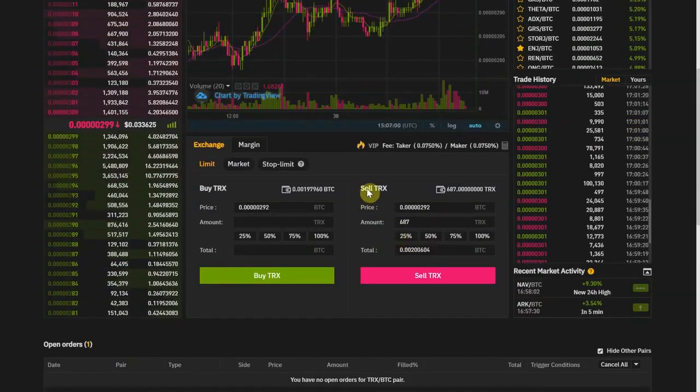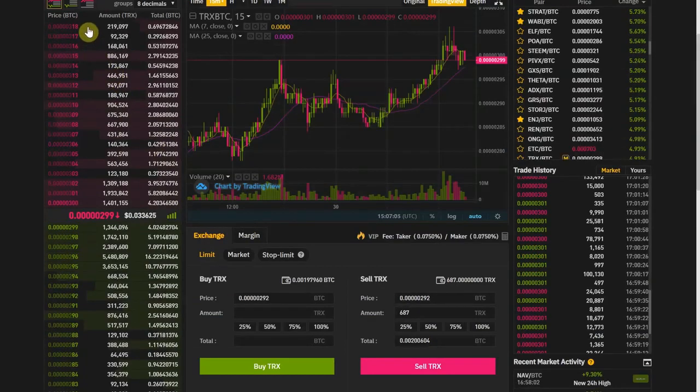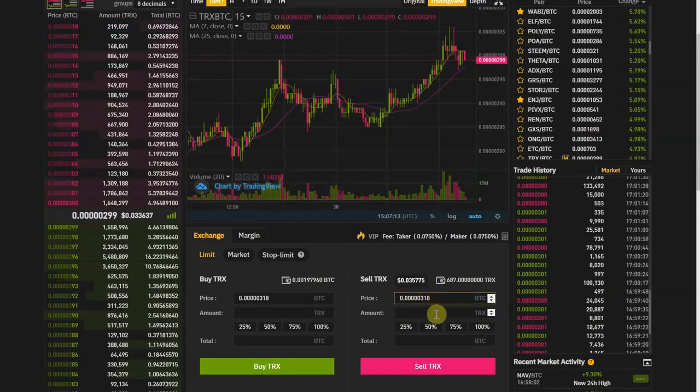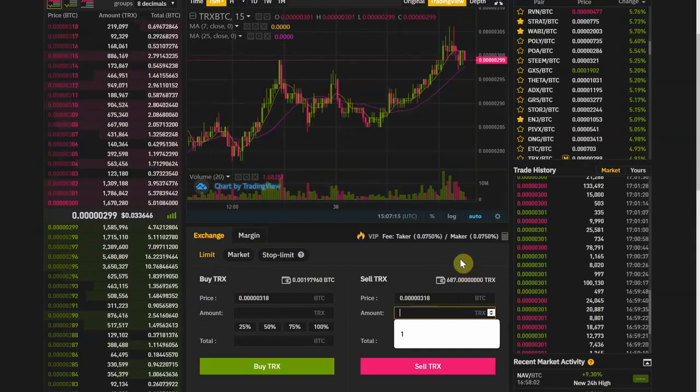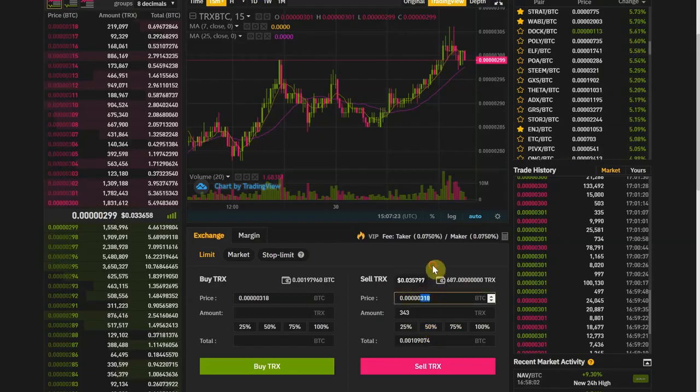Again, if you wanted to sell, it's the same exact thing. I want to sell at this price. And how much do I want to sell? So I have this amount of TRX, and let's say I want to sell this amount of TRX at 318.